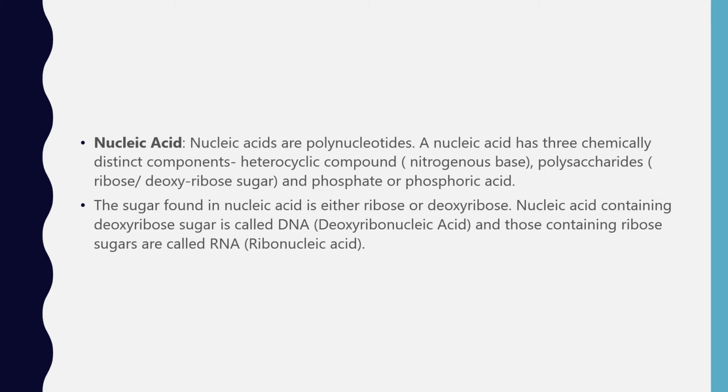So nucleic acid containing deoxyribose sugar is called DNA, that is deoxyribonucleic acid, and those containing ribose sugar are called ribonucleic acid. Means we have two types of nucleic acid, that is DNA and RNA.